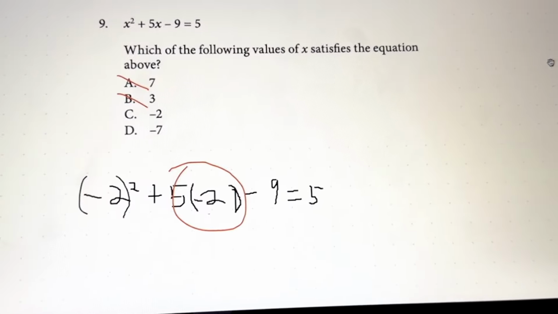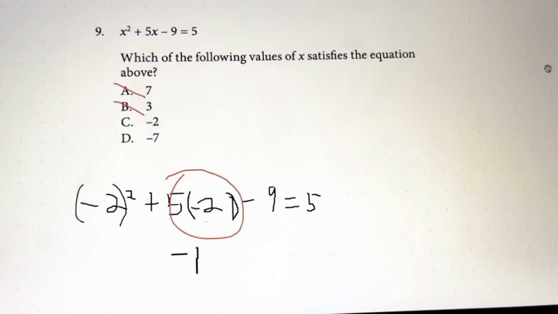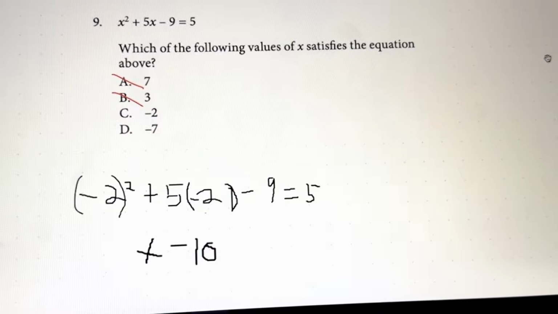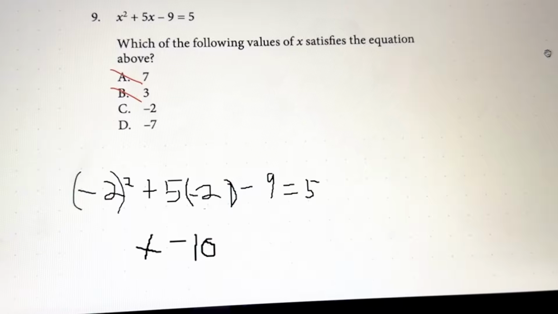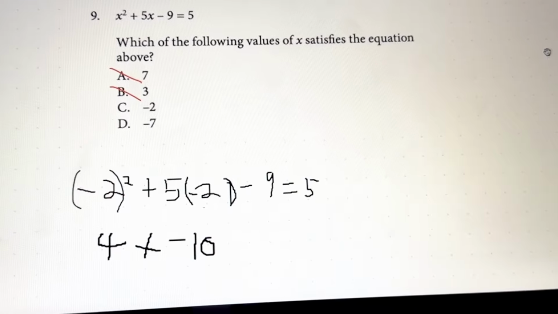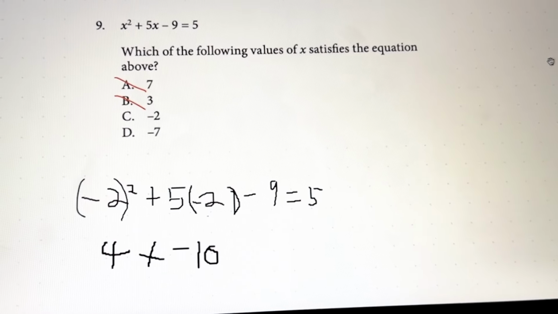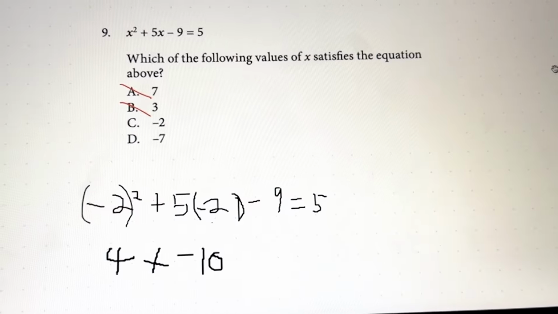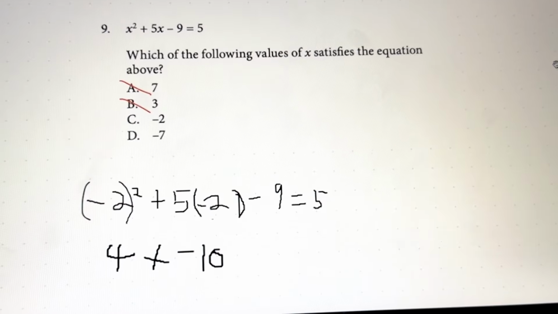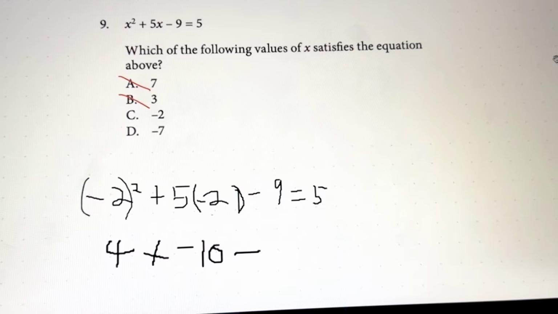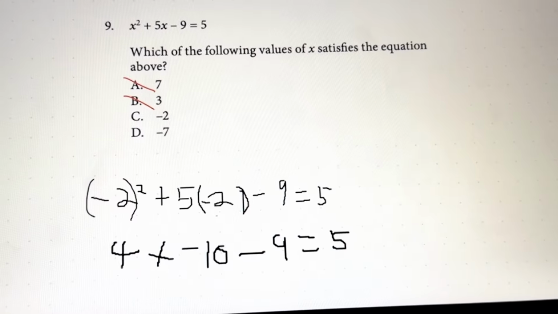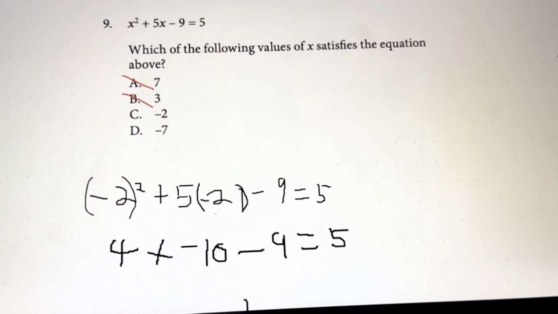So we do parentheses, exponents, multiplication, division, then addition, subtraction. I don't think we even have to calculate that. Is that going to give us 5?